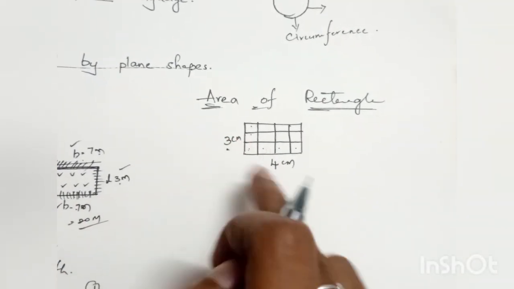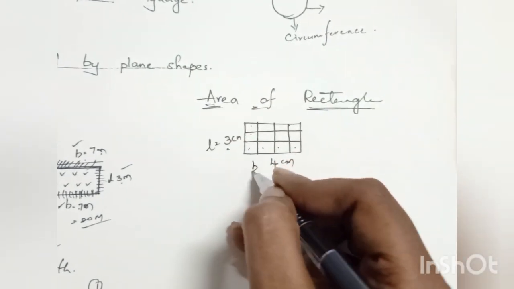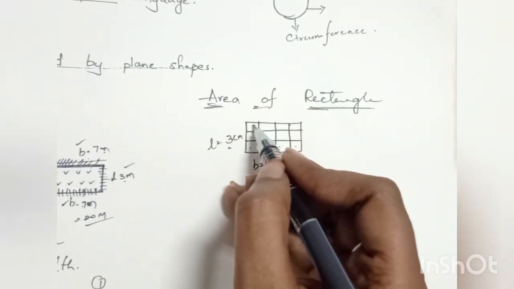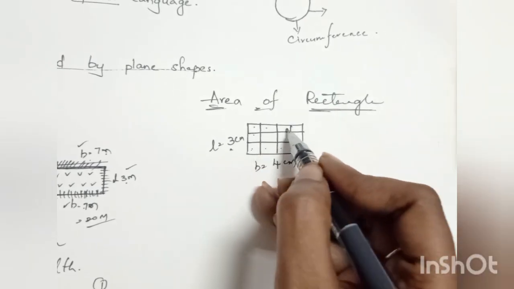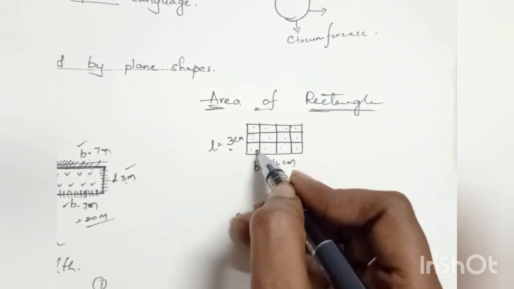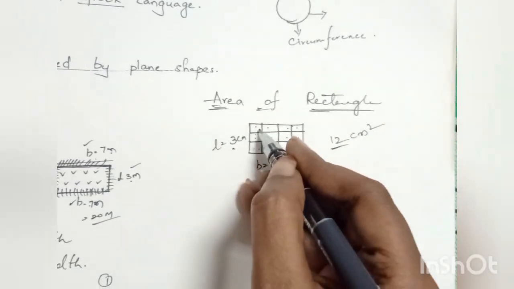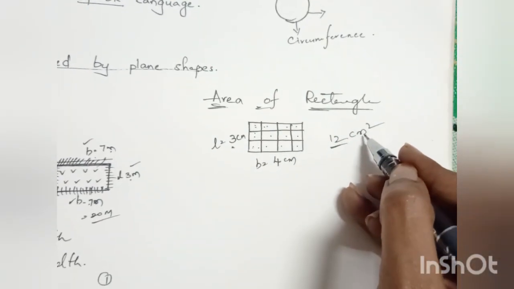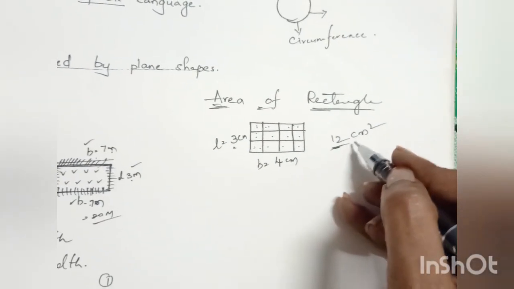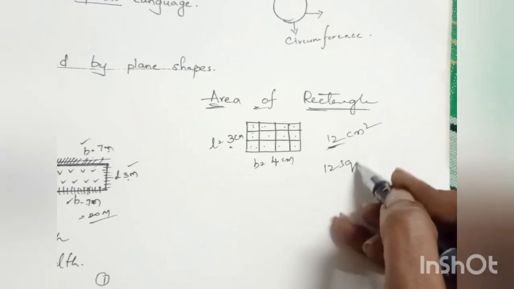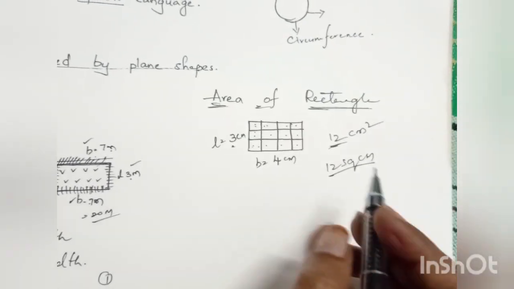That is the meaning of length and breadth. If you count the equal squares, 1, 2, 3, 4, 5, 6, 7, 8, 9, 10, 11, 12. How many squares are there? 12. That means 12 square centimeters.